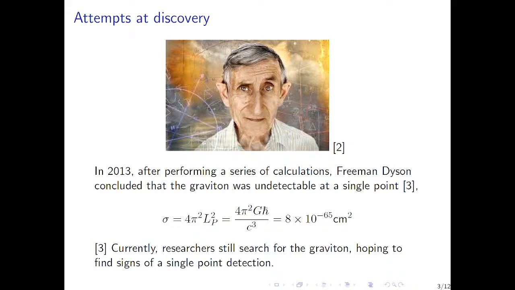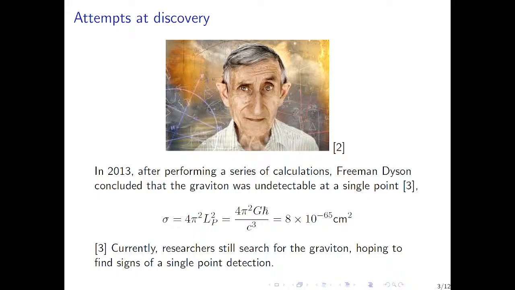Now, one of these such calculations seen on screen was for the cross-section of a collision of a graviton with any singular particle. And as you can see, 8 times 10 to the negative 65th centimeters squared is so impossibly small. You would never see this collision actually happen. It's just practically impossible.